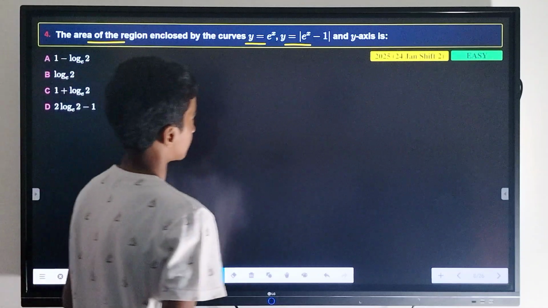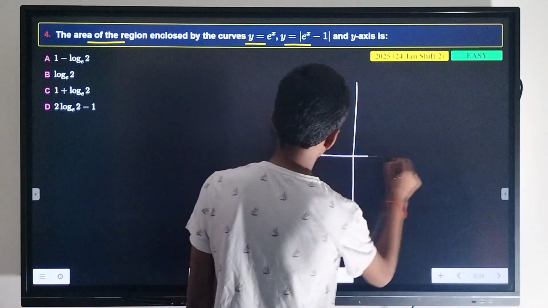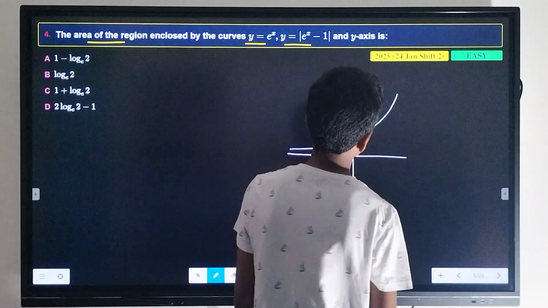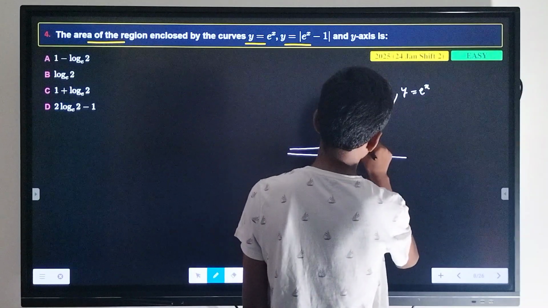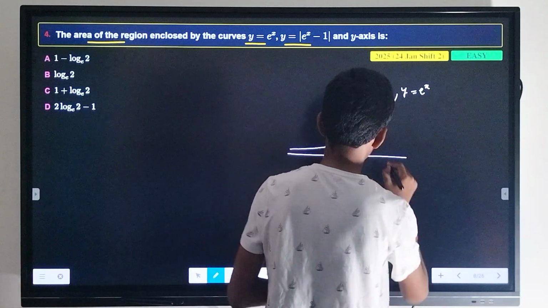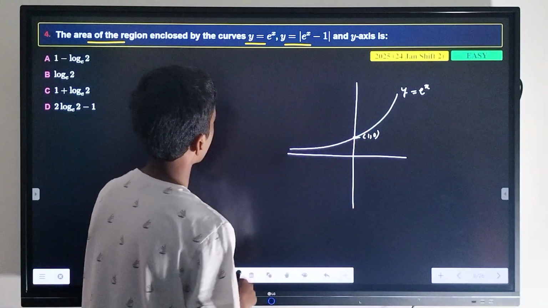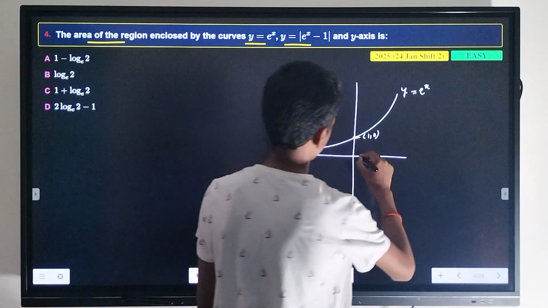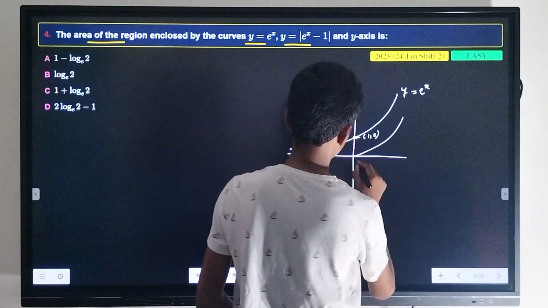So first of all let's plot these two curves on the coordinate axis. This is y is equal to e raised to power x. This is 1 comma 0 and y is equal to modulus of e^x minus 1 will be this and this.